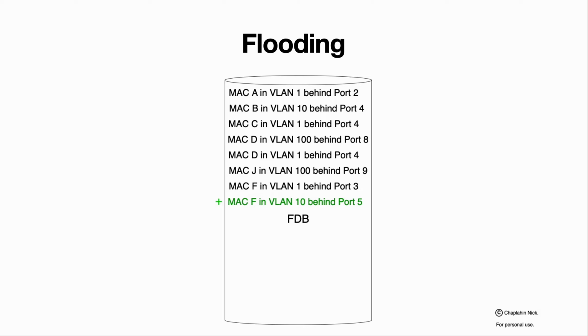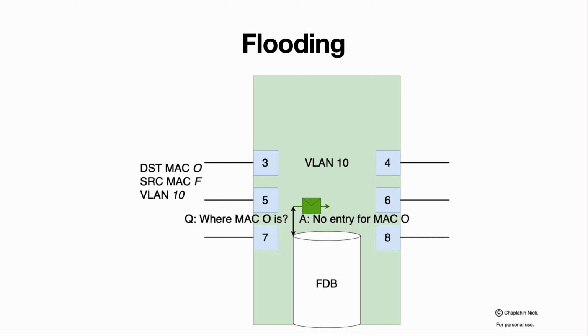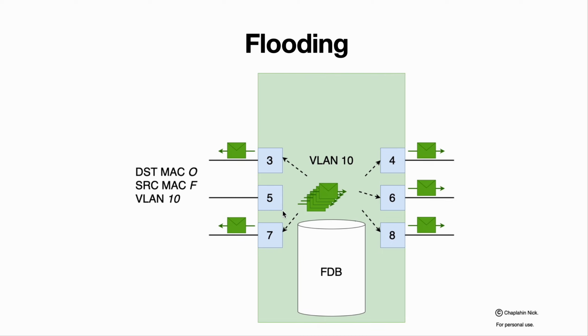What happens? If flooding is forbidden, disabled, nothing happens. The packet is dropped. There is no destination. We're not sending it. If flooding is allowed, we multiply the packet and send it from all ports in the VLAN except the one we received it on, because if the destination were behind this port, this packet wouldn't have reached us.